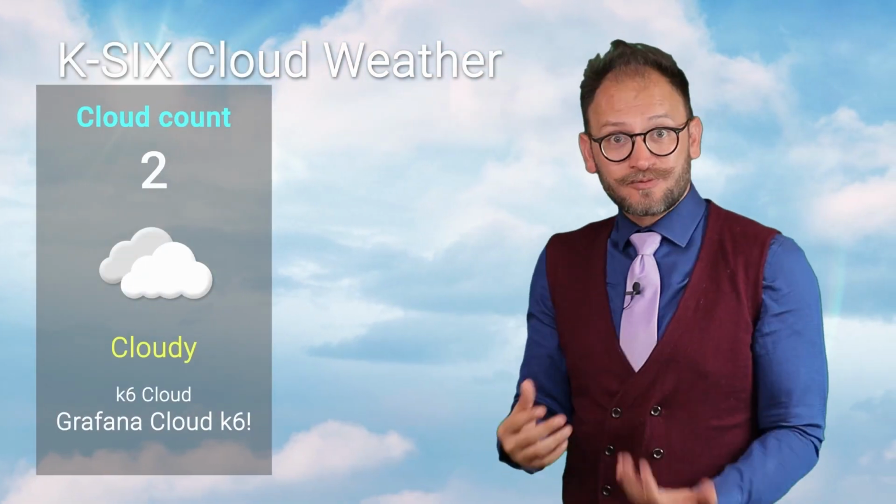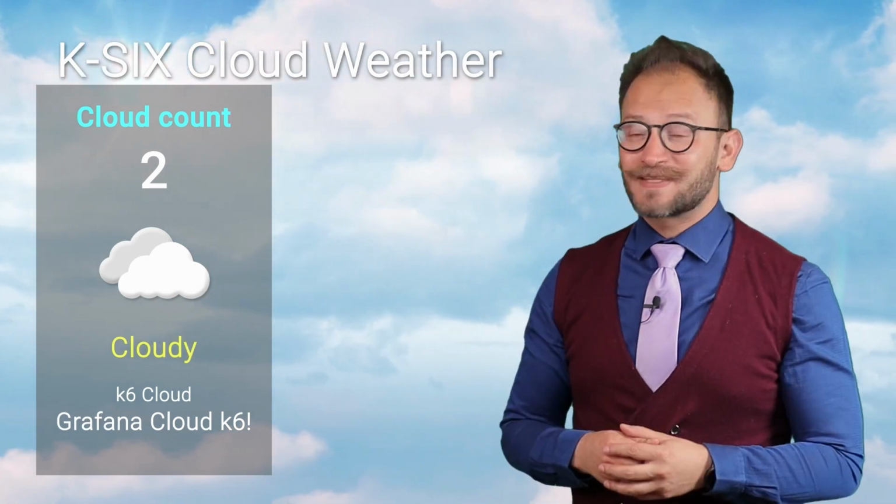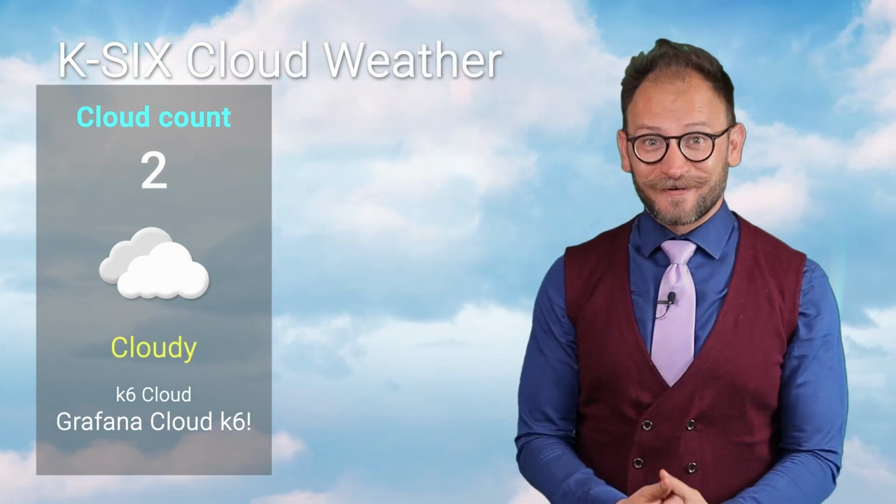Clear as the clear skies that we had in the last report, because now, in these clear skies, we have two clouds. As we mentioned in our last breaking news announcement, link in the description, now we have Grafana Cloud K6. This awesome weather keeps improving, right?